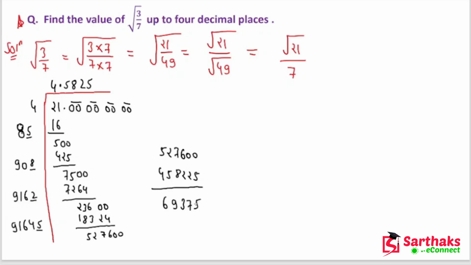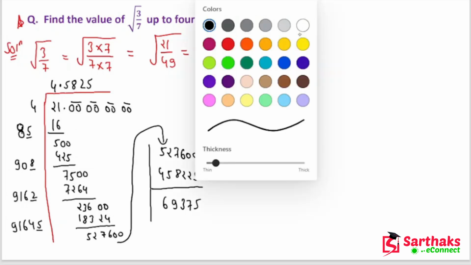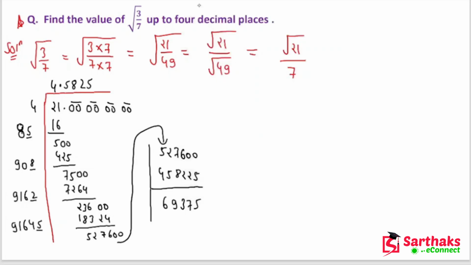69,375 as the remainder. Now obviously you can pursue further, but we have already got 4 decimal places. So you can put a line like this so that you can know, and this has been taken over here. You can very well see that we have got 4 decimal places. Now we can write root 21 upon 7 as 4.5825 whole upon 7, and it would be easier.